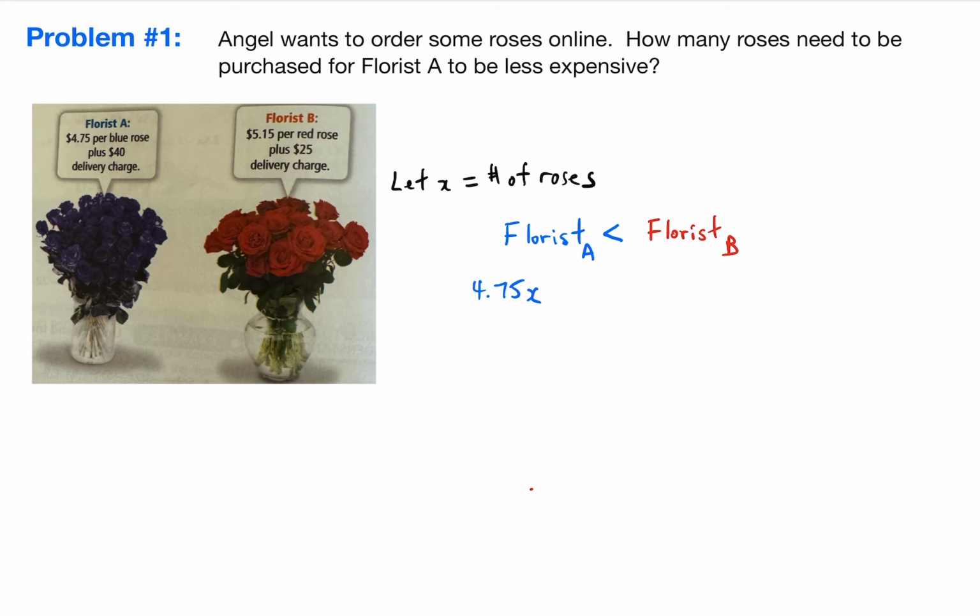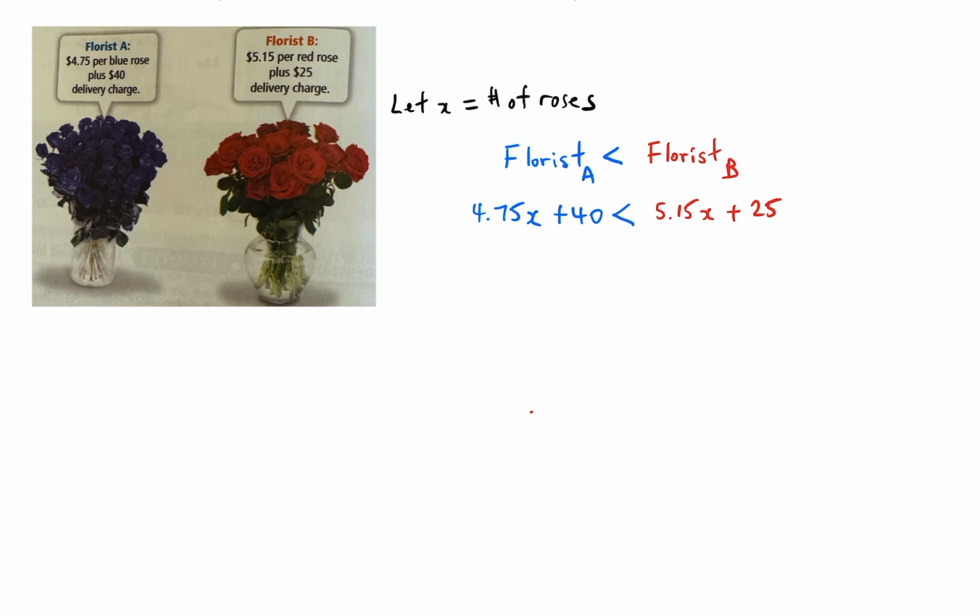Then there's also a delivery charge of $40. So the cost for florist A is going to be $4.75X plus 40, and we want to know when it's going to be less than florist B. Well, florist B is going to be $5.15 per rose plus a $25 delivery charge. Okay, so then what we need to do is solve for X.